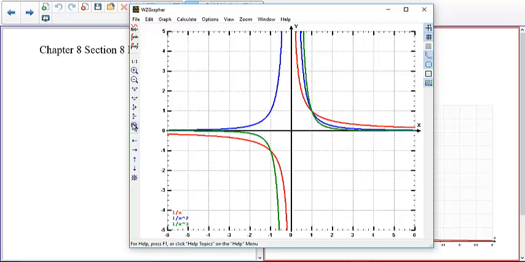But at some point, if that curve doesn't approach the x-axis quickly enough, then you do have an infinite area. But if it approaches it fast enough, then you have a finite area. It turns out 1 over x cubed has a finite area, 1 over x squared has a finite area, 1 over x has an infinite area.